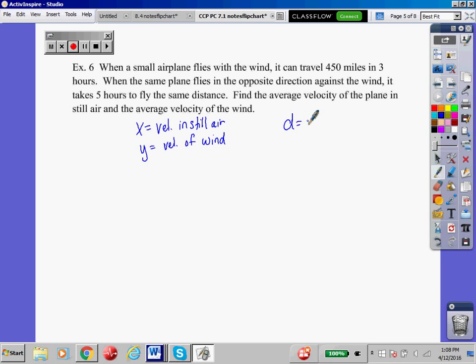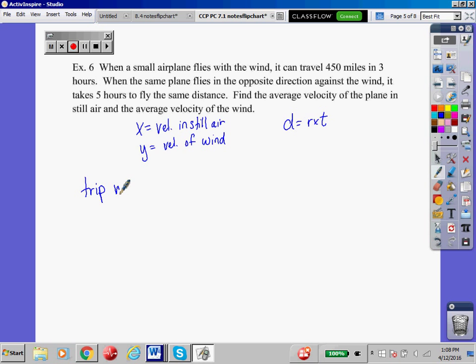We do know that distance is rate times time. Well, rate is your speed. Velocity gives you direction and how fast you're going. Velocity is a vector, so there's a little connection.